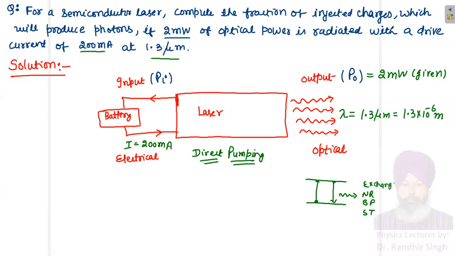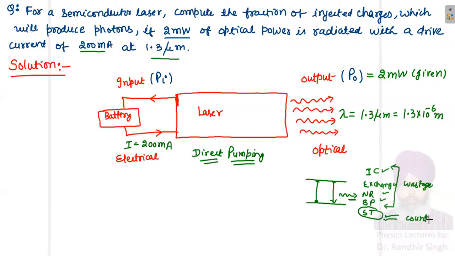There is also internal conversion, which is another phenomenon. Whenever a photon is emitted in the form of stimulated emission, we call it laser action. All other processes are counted as wastage of energy. Only stimulated emission is counted because it gives laser action.